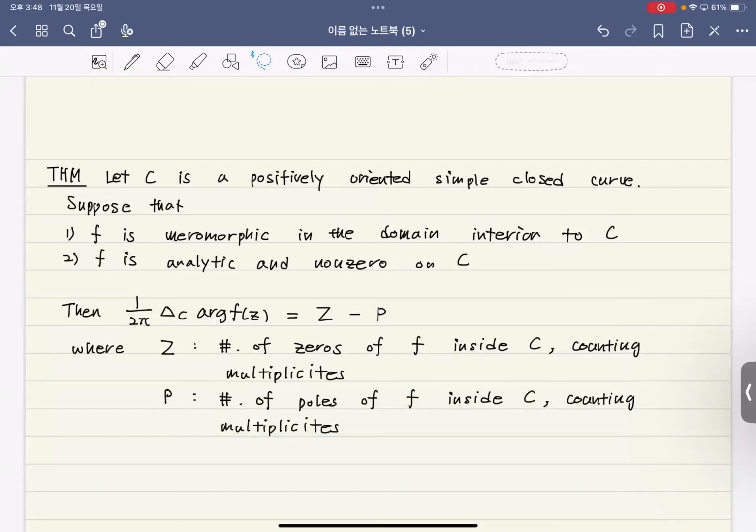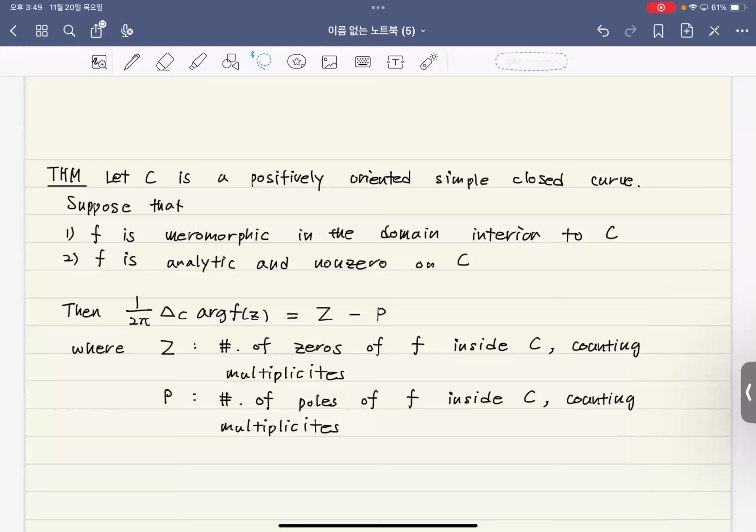So what do I mean by this? What do I mean by counting multiplicities? Suppose this is my curve C, and I have a couple of zeros, and a couple of poles here and there: Z1, Z2, P1, and P2. Even though it looks like I have two zeros and two poles, suppose the order of this one is 3 and the order of this one is 2.